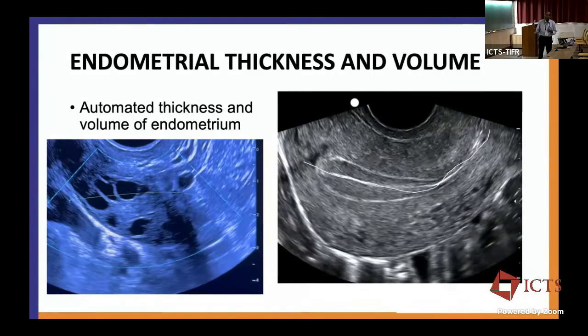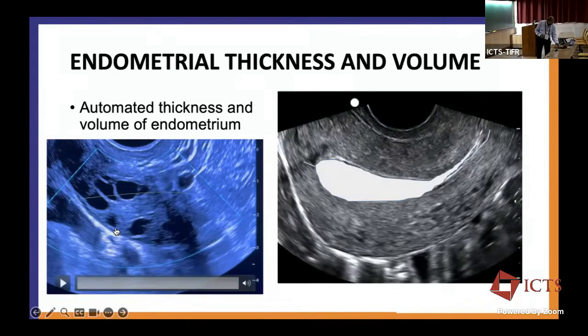Is it smooth? Is the thickness here and here equal? Because if they're unequal, I'm going to make a diagnosis. Similarly, the endometrial lining, is it uniform? Is it irregular? And in a person, what is the volume of the endometrium? So it's possible now to automate it and get the entire volume by the system itself.